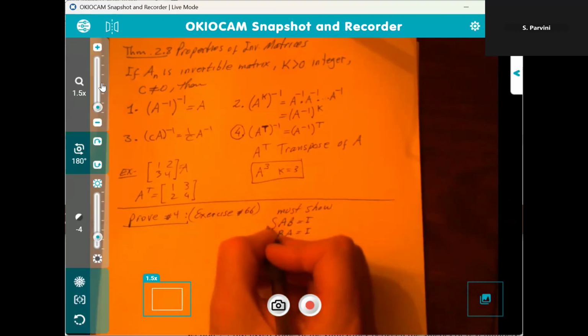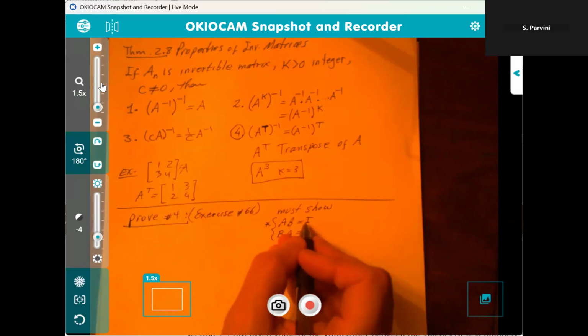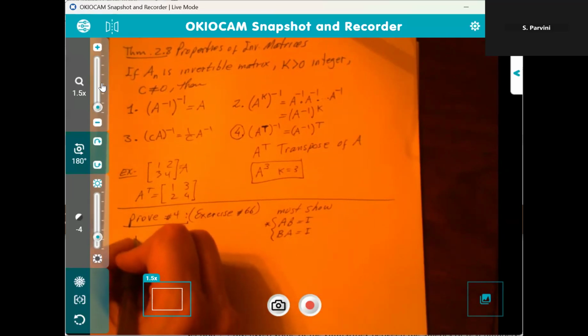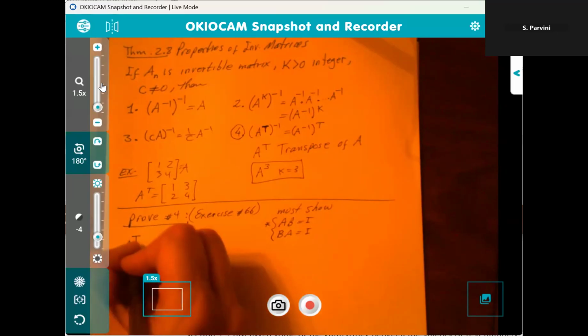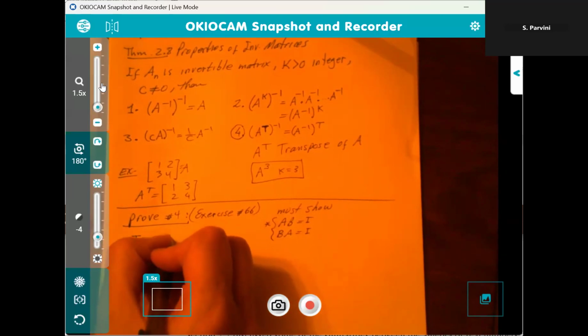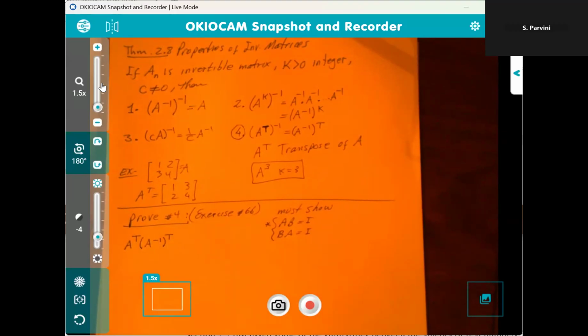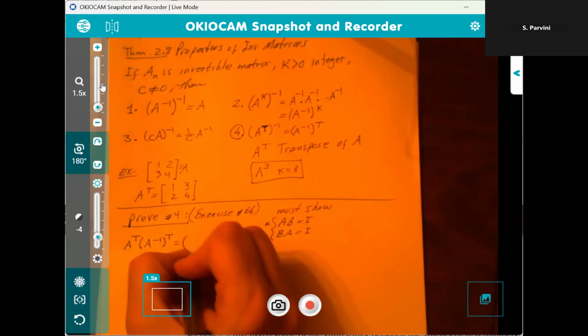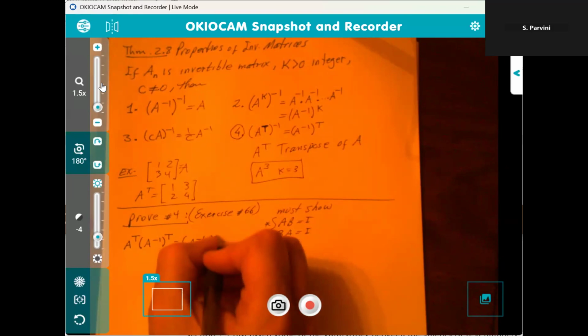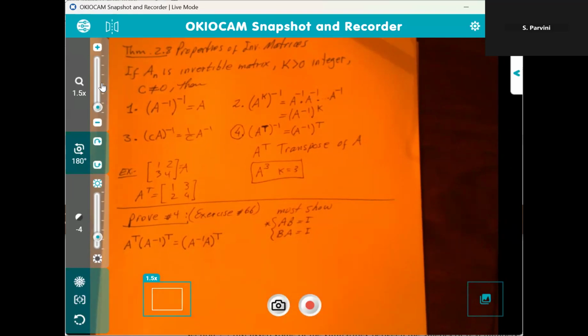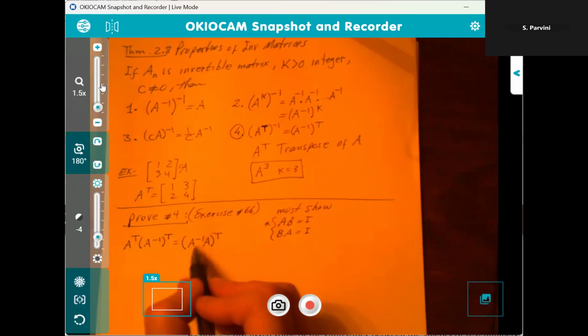So let's do, first, something like AB at the moment. I'm going to multiply A transpose times its inverse transpose. I need to show this is the identity. Now, using properties of transpose from last week, A transpose times A inverse transpose is the same as A inverse times A, transposed. Now, A inverse times A, isn't that the identity matrix?